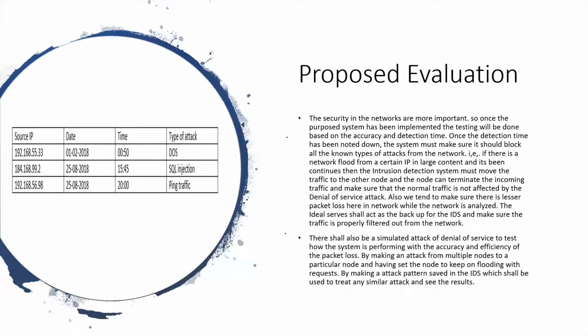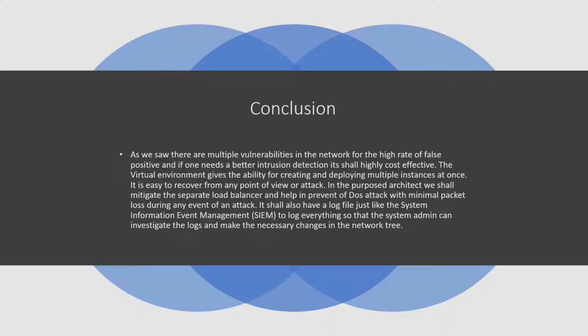Usually when a DDoS is detected, the IDS which we are going to implement should terminate it and carry on with the next process. By having a log table, we can evaluate how efficient the proposed system is compared with the previously proposed systems.